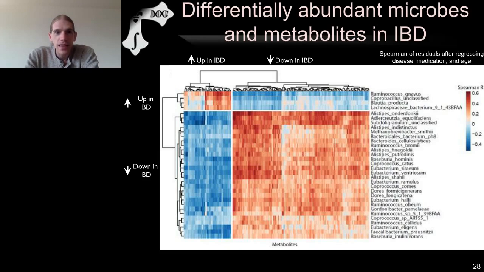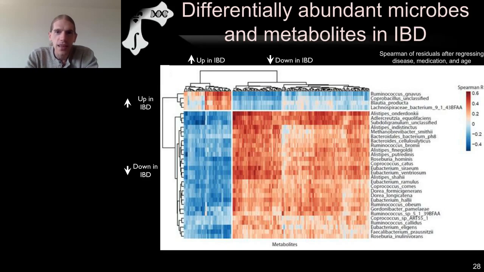We can then ask the question, which microbes are differentially abundant during Crohn's or colitis, and which metabolites are differentially abundant during Crohn's or colitis, and start associating compounds with bugs to help explain at the molecular level why these organisms and possibly mediating compounds might be disrupted in disease.